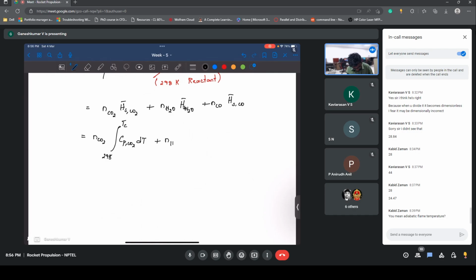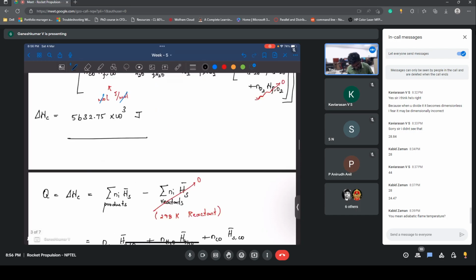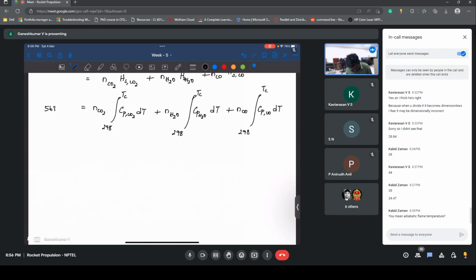Then plus N H2O times the integral of Cp H2O dt from 298 to Tc. Similarly, N CO times the integral from 298 to Tc of Cp of CO times dt. So this is nothing but this Q. What we found, Q is 5632.75 into 10 power 3 joules.